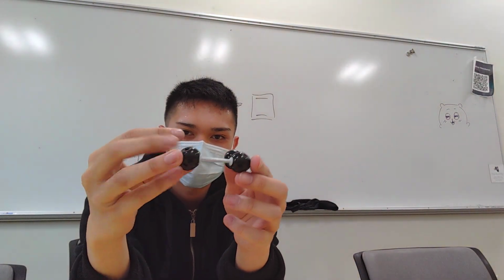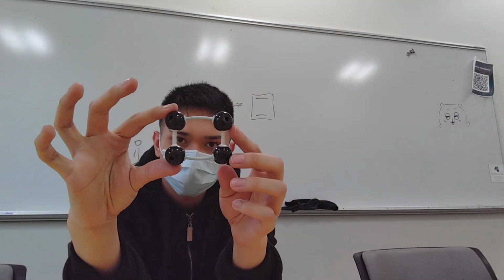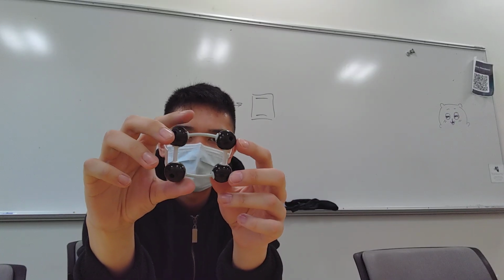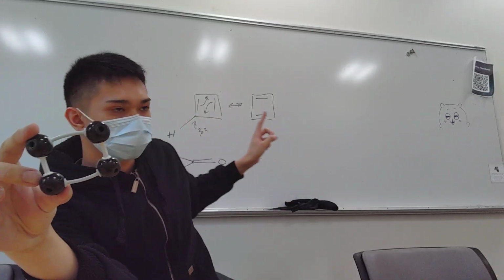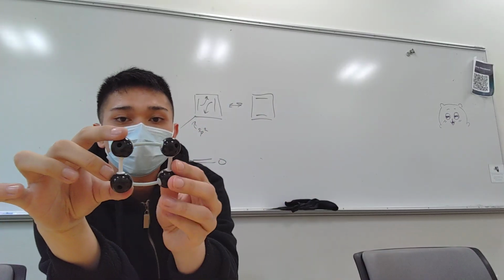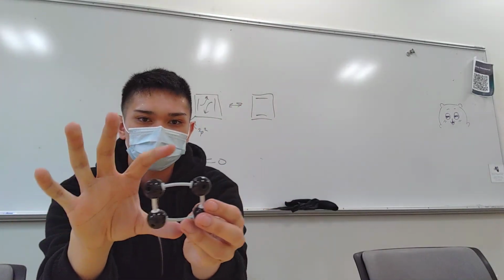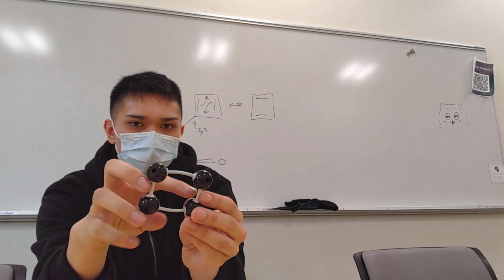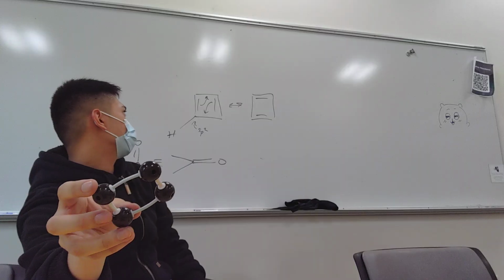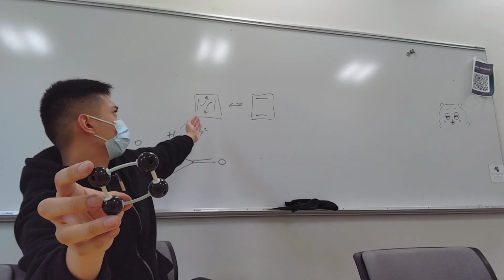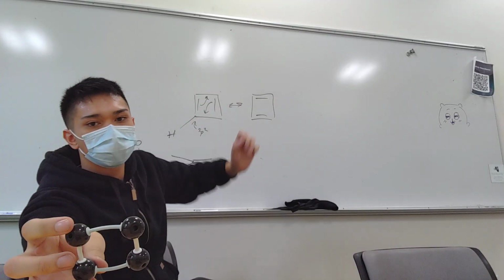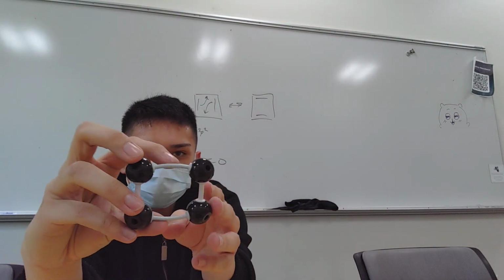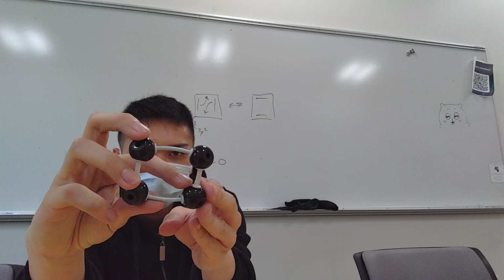So I built here kind of a cyclobutadiene. It's not really a square, but more of a rectangle because these pi bonds, these double bonds that you can see right there, are a little bit shorter than the single bonds here. So we would see a 90-degree bond angle with this molecule, but these carbons, you kind of see the bend in these single bonds. They don't really want to be at a 90-degree angle.